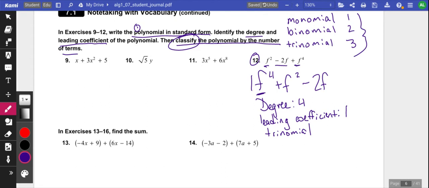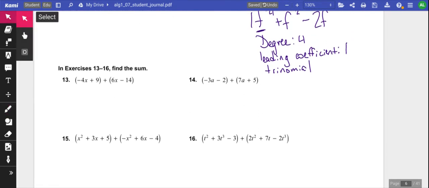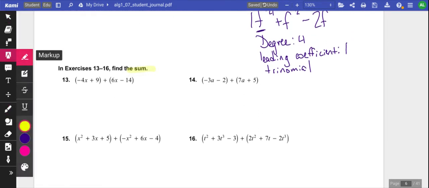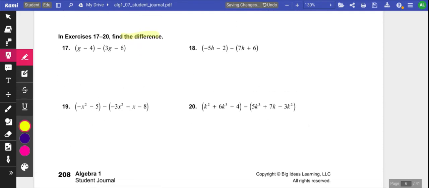So it's easy enough. Then really all it's asking us to do, other than that vocab stuff, is find the sum or the difference of these different polynomials.